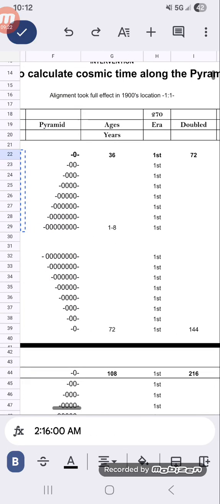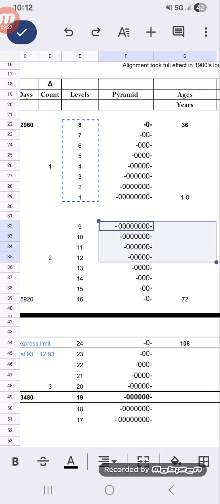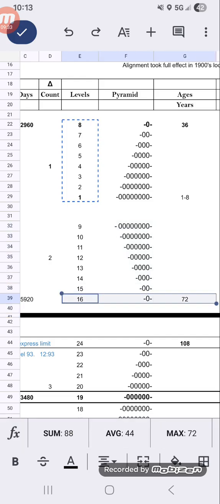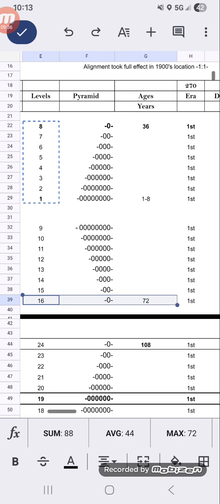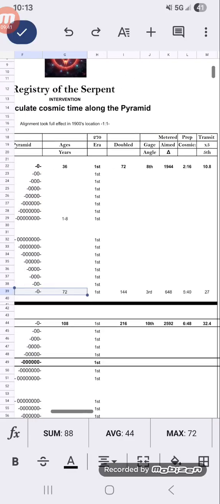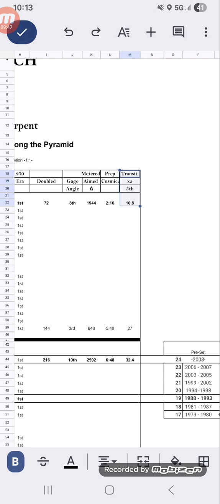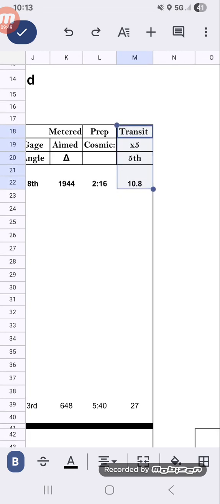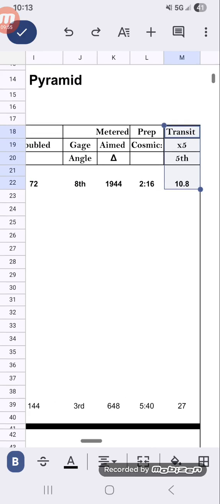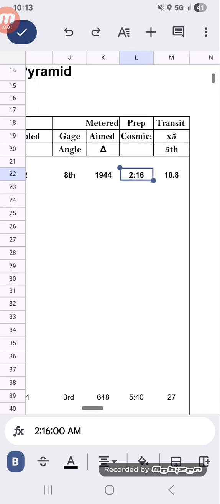And when I say 2 and 16, the second count, or the second pyramid, which is this pyramid, the whole thing right here, and 16 at 72, or the age of 72, or the year of 72. For the transit, excuse me, for the transit, that would be multiplied by 5, so that's 216 times 5, that is 1080.